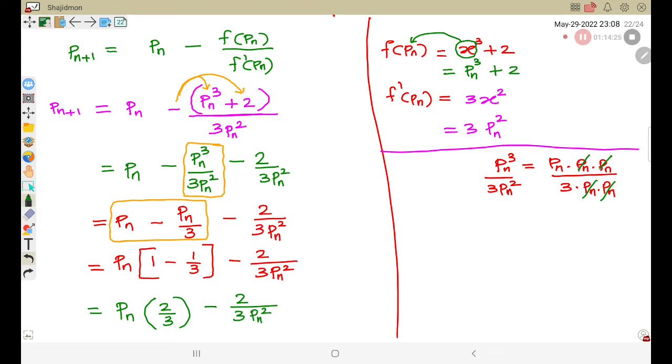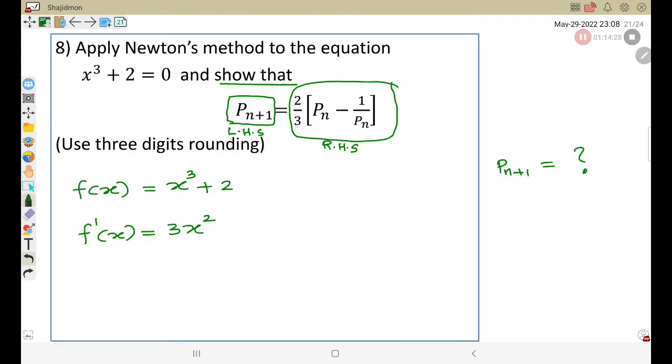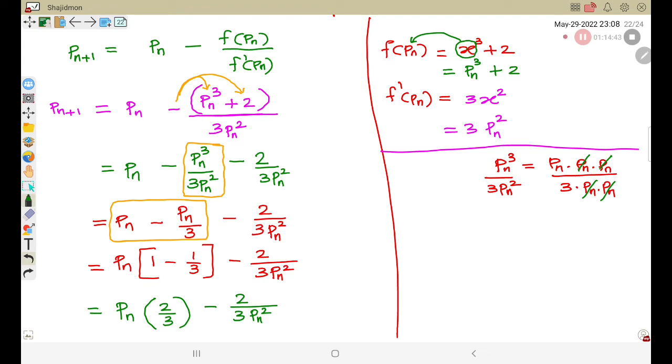Correct? Now think about our question, what answer we needed. See what answer we needed. 2 over 3 should be common. 2 over 3 multiply Pn minus 1 over Pn. So how can we write this one?